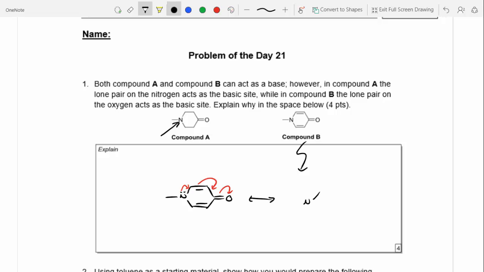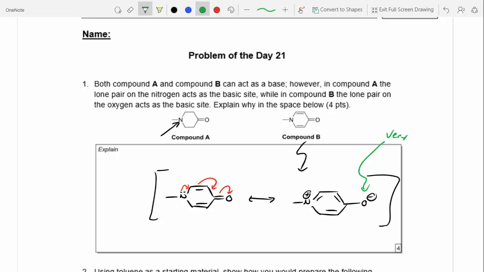And all of a sudden, we've got an aromatic structure where this oxygen now has a negative charge. Right? That makes this oxygen very basic. And we've got this aromatic ring, which is very, very stable.